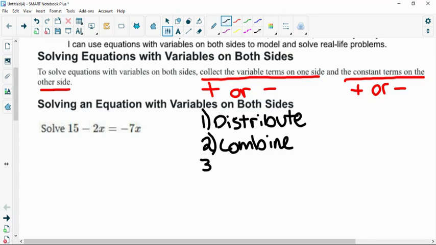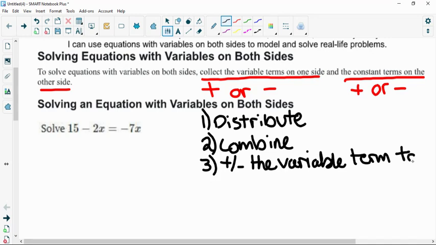The third one, which we haven't used yet, is where we use addition or subtraction on the variable term so that it is on one side of the equal sign.